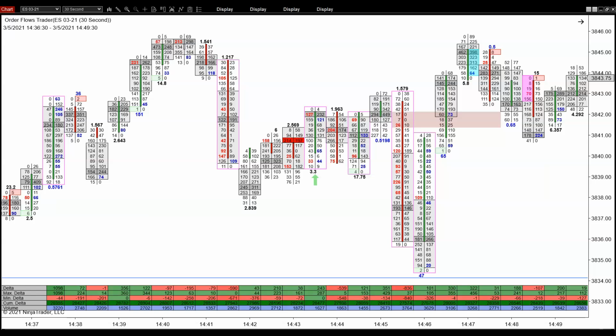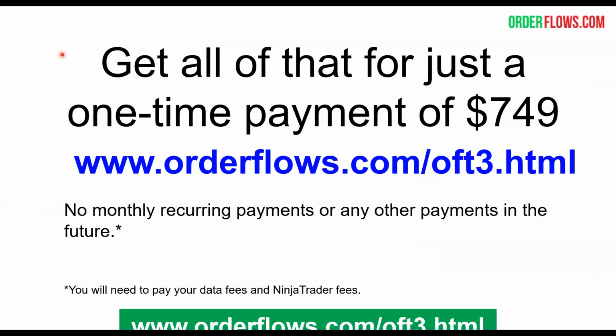But obviously you have to pay for your data feed, because you've got to get the data from somewhere. If you're going to route your orders through another trading platform, you can use the free version of NinjaTrader, but you still have to pay data fees, because you need a real-time data feed if you're trading in real time.